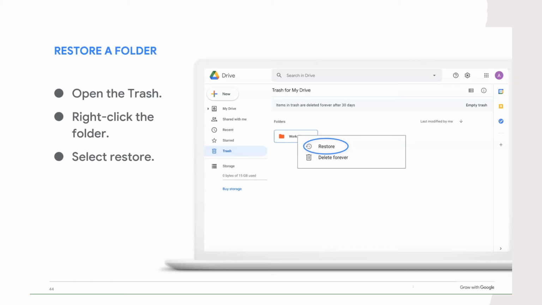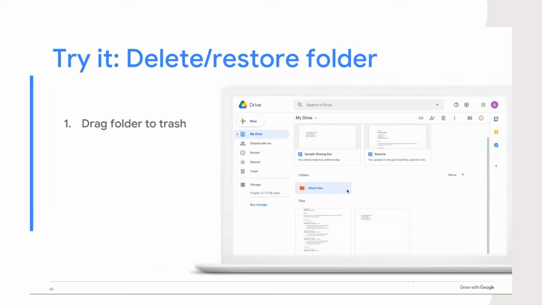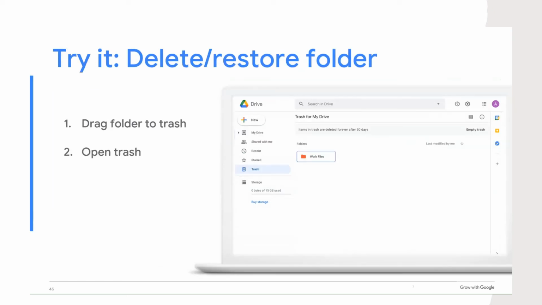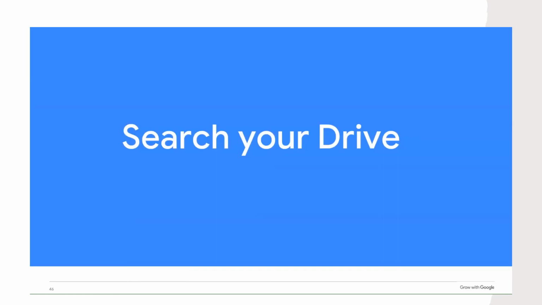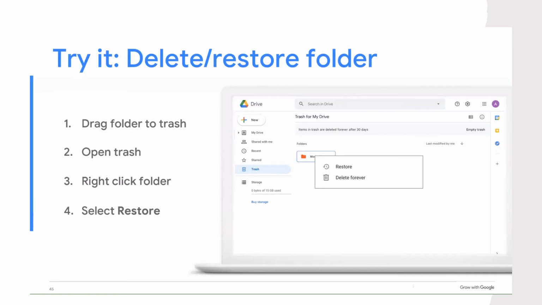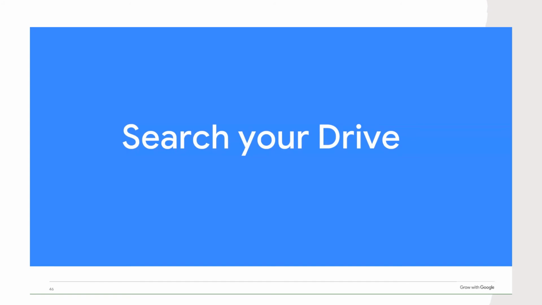Now you need to do all of this within the first 30 days of moving it to the trash, or you won't be able to. So drag the folder into trash, open the trash. You can right click the folder, select restore, or delete forever. So you can minimize me, pause me, come back to me, and do that for yourself.